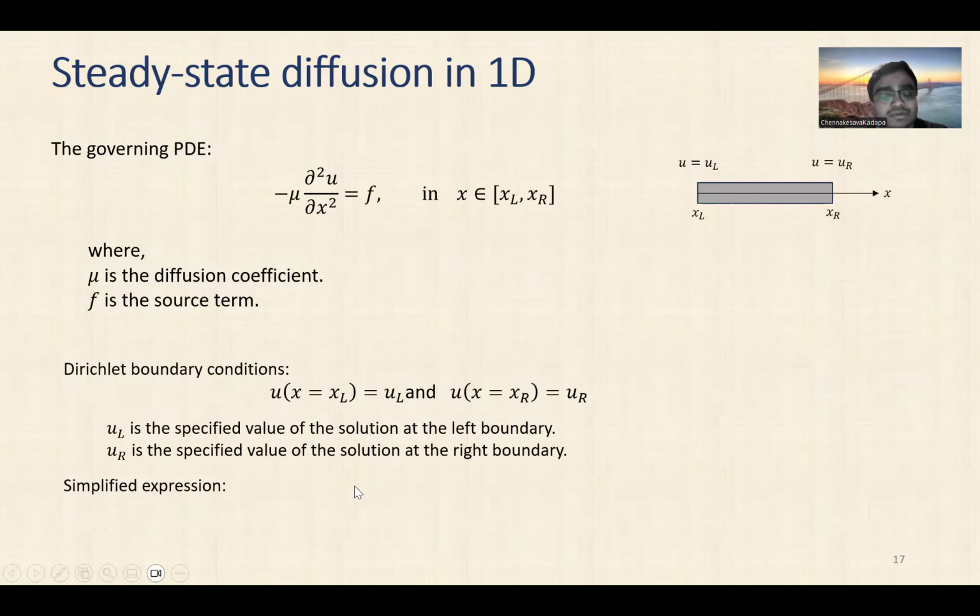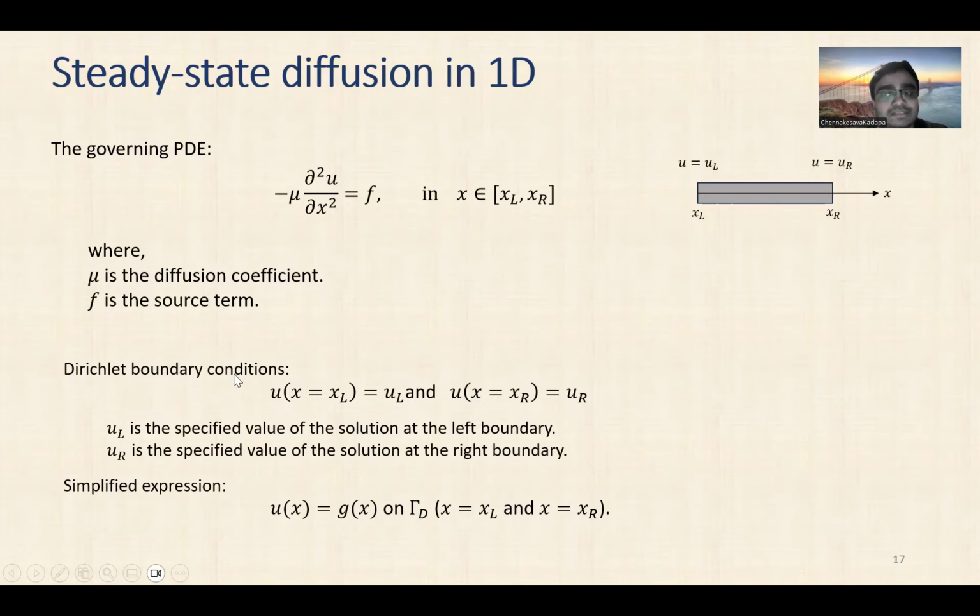Now, in order to represent them both in a compact form, let's assume that there is a function g which gives us the values of UL and UR at HL and HR respectively. We have our Dirichlet boundary gamma d. On gamma d, there is a function g which we know, and that gives us UL and UR.